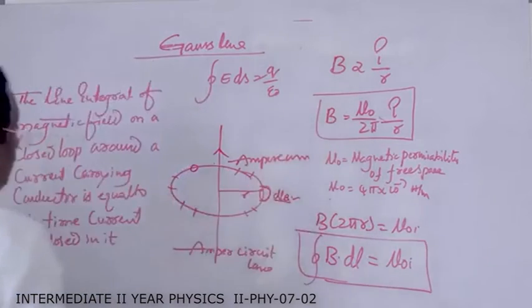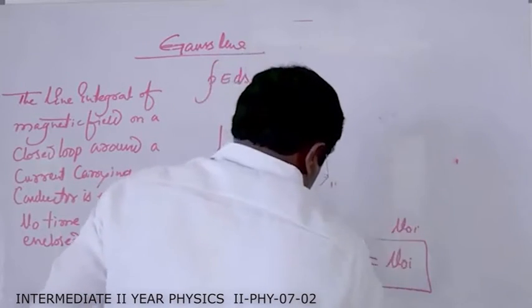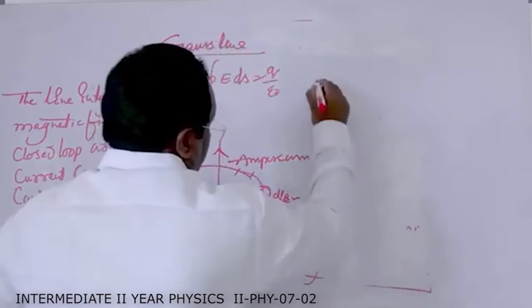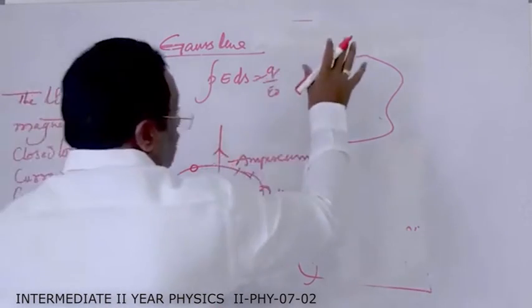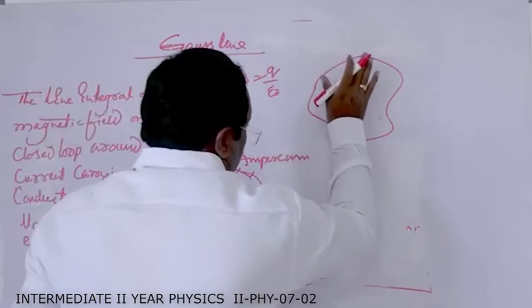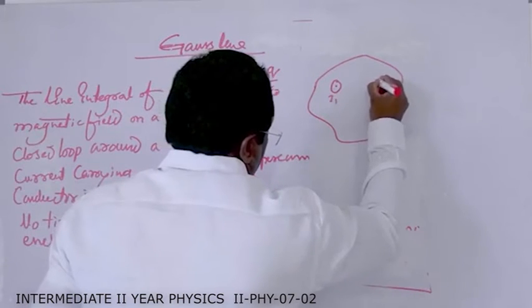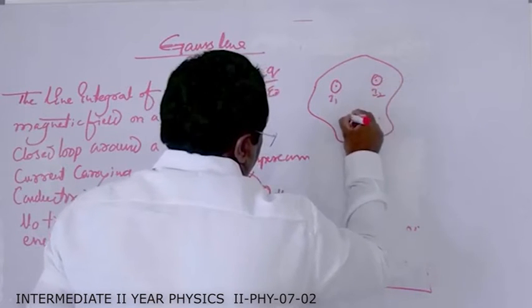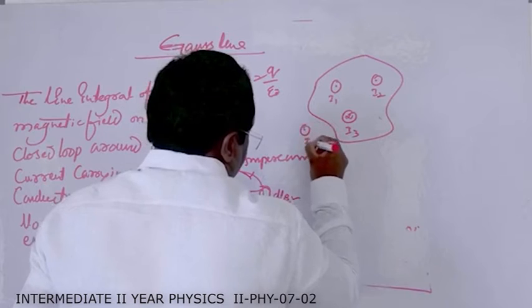For example, now take one closed loop. We want to find the total magnetic field existing in this closed loop. The currents enclosed in this closed loop are I1, I2, I3, and take I4.